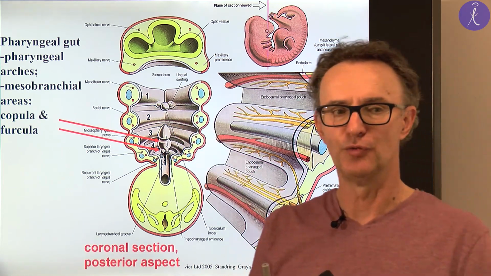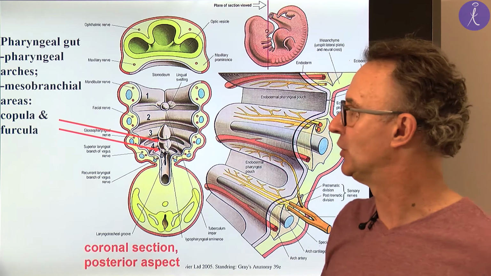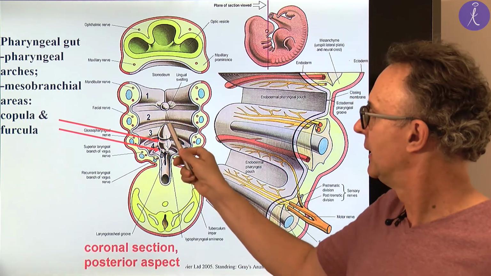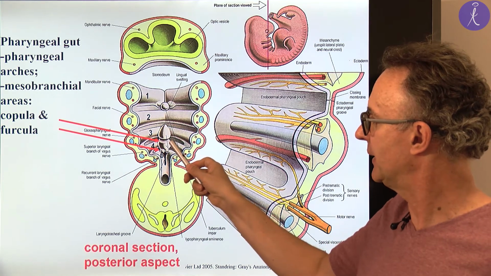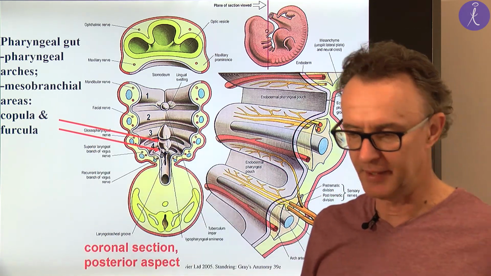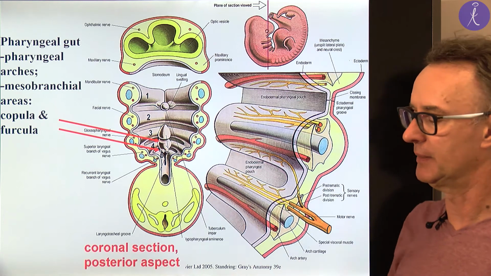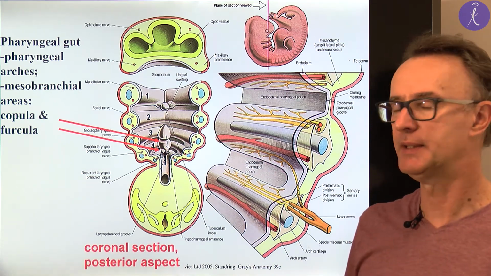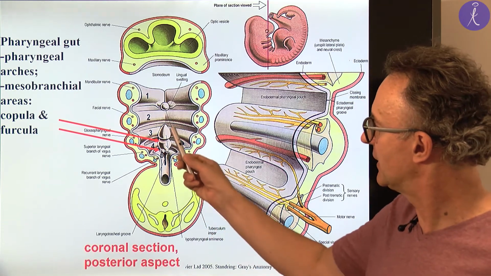They will unite to form the body of the tongue. Posteriorly, or distally, we have another mesenchymal swelling, and this is called the mesobranchial area, or as you will see on the other slide, the hypobranchial eminence. This is the other name, and this will split into two.